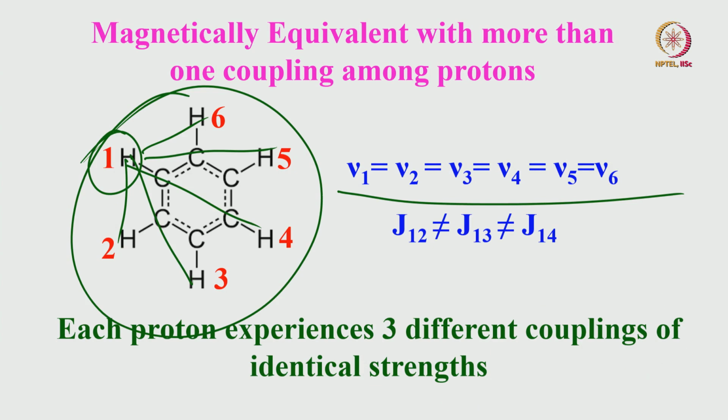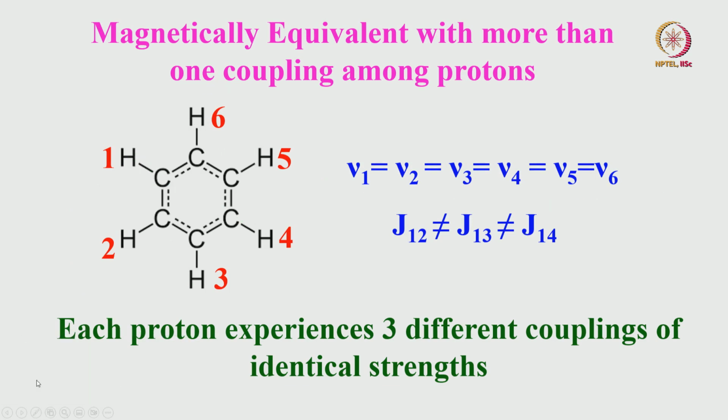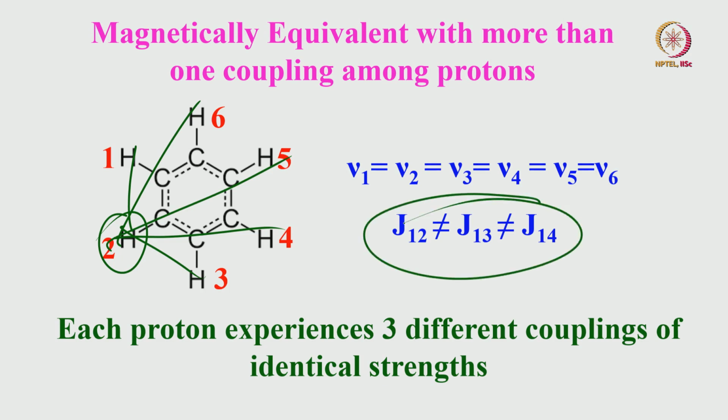For example, this is what we said for proton 1. Go to proton 2: this has an ortho coupling, this has a meta coupling, this has a para coupling. So each proton experiences 3 different couplings of identical strengths, because the ortho, meta and para couplings are not identical in benzene. Ortho coupling is 8.5 hertz, meta is 1.5, para is 0.5 approximately; they are different strengths.